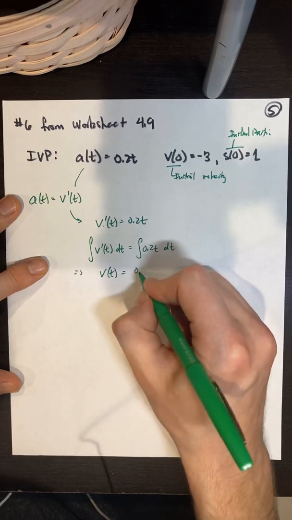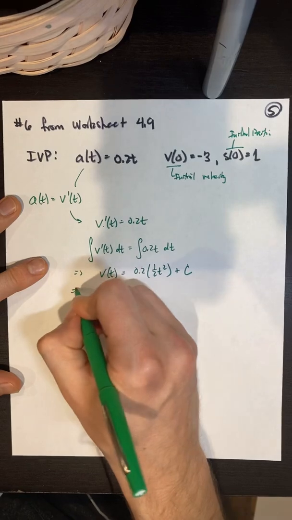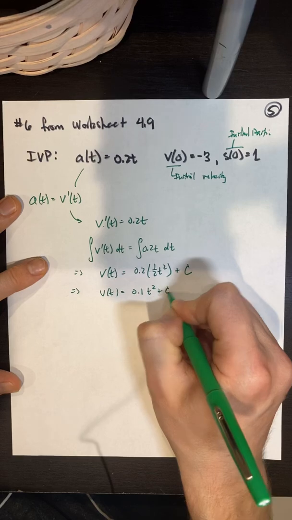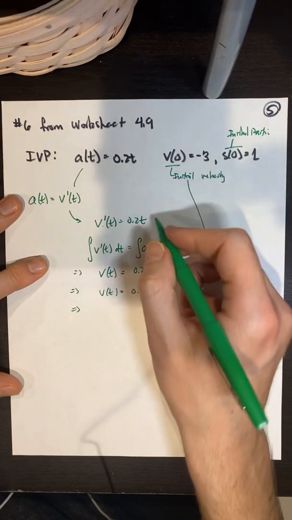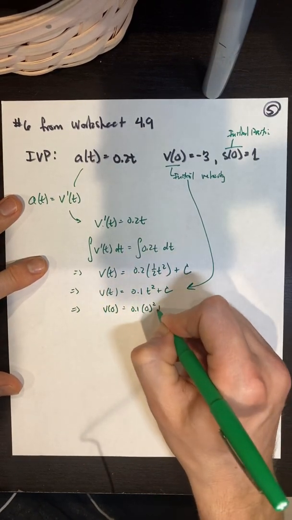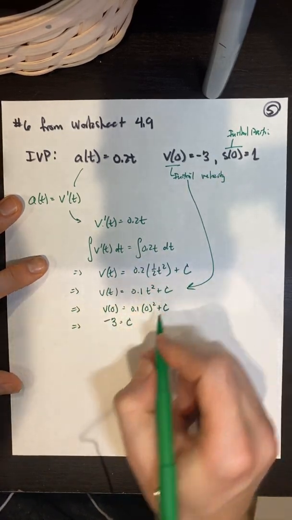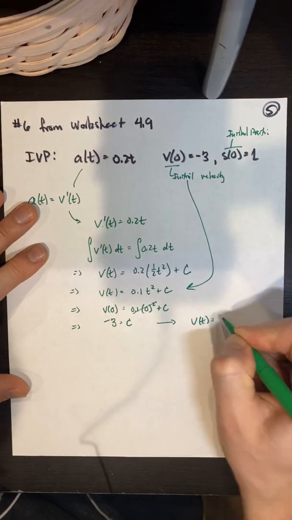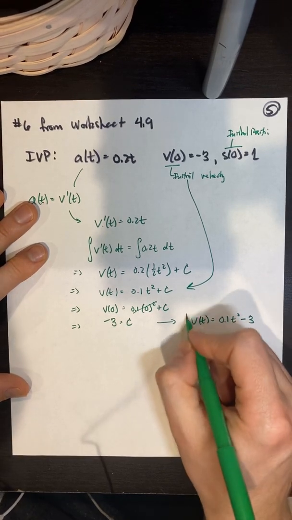The antiderivative here will be 0.2 times 1/2 t squared plus c. So v of t is equal to 0.1 t squared plus c. Now I can use the initial velocity to solve for c. V of 0 is equal to 0.1 times 0 squared plus c. V of 0 was given to be -3, so that is equal to c because this thing will go to 0. So my velocity function is 0.1 t squared minus 3.